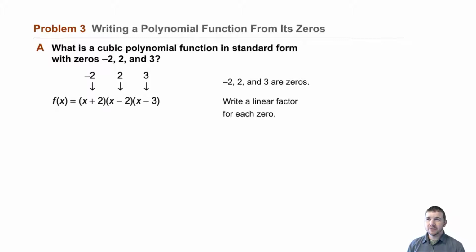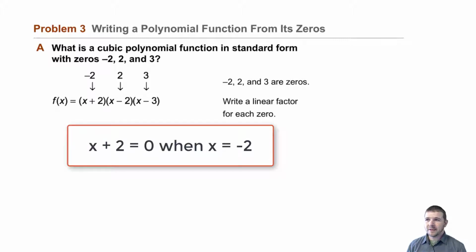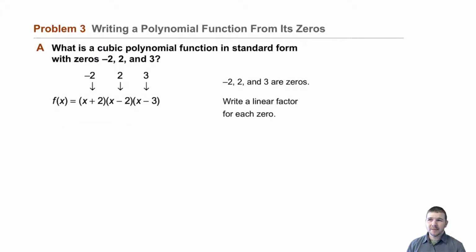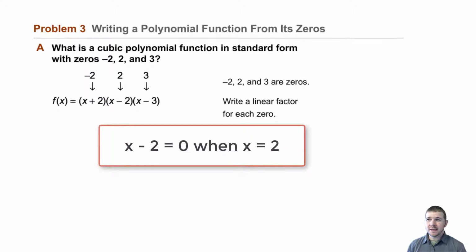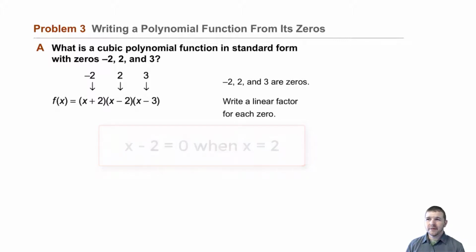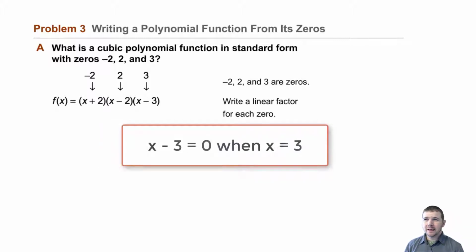First, x plus 2. That binomial, by the zero product property, guarantees us that -2 is a zero. Next, the binomial x minus 2, which guarantees that 2 is a zero. And finally, the binomial x minus 3, guaranteeing our third zero, 3.